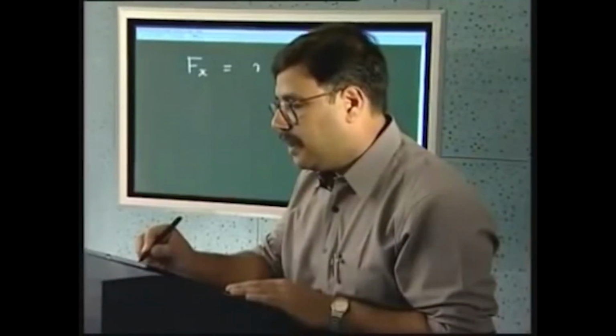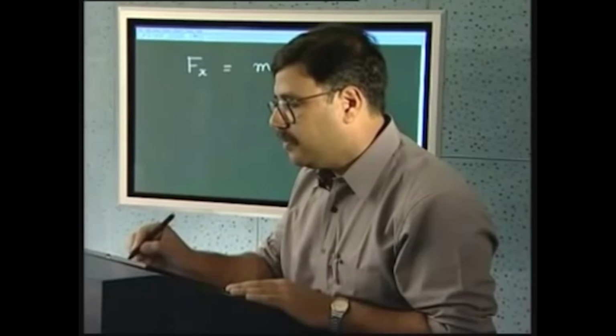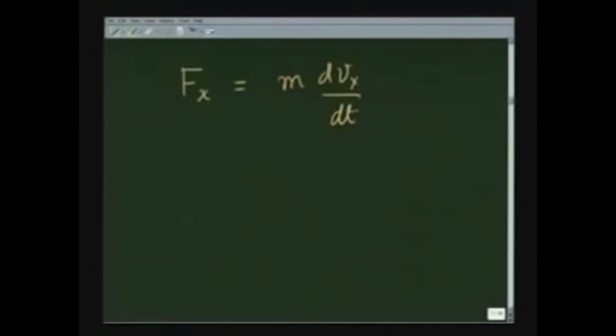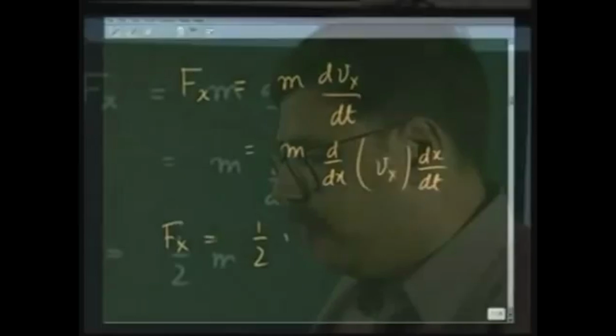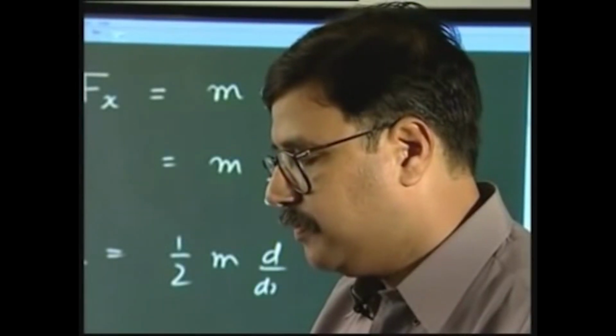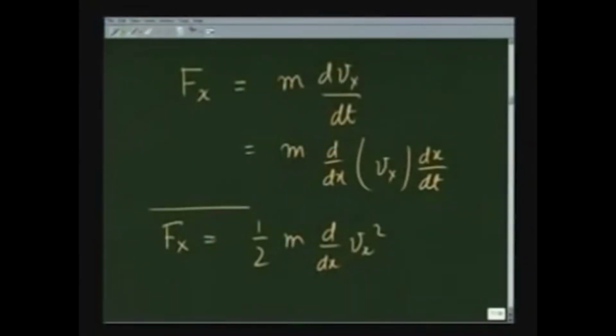Let me look at it slightly more carefully. So, I had written earlier Fx equals m dvx over dt, and by transforming this into the form d over dx vx dx over dt, I got that Fx is equal to 1/2 m d over dx vx square.